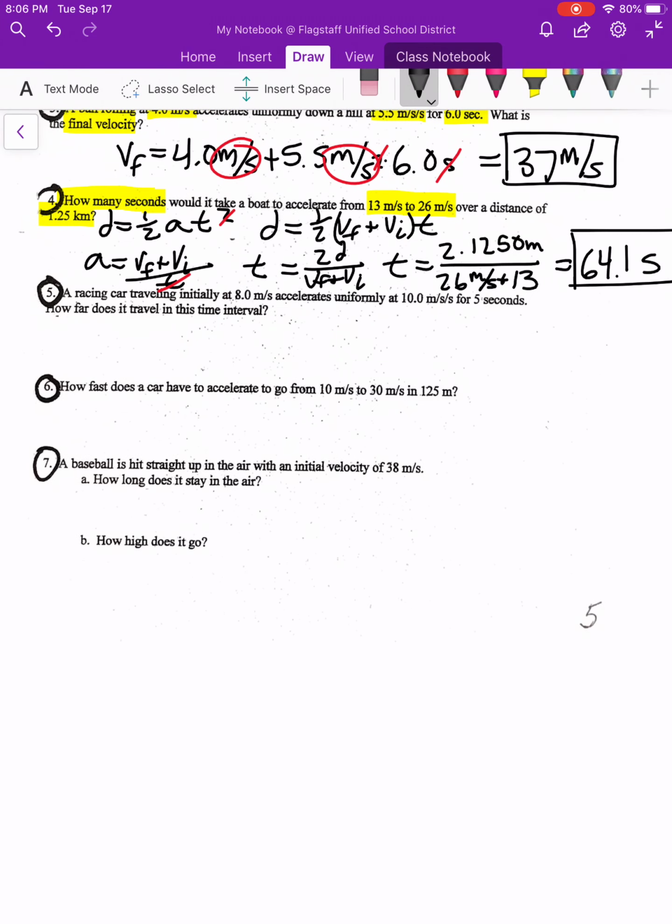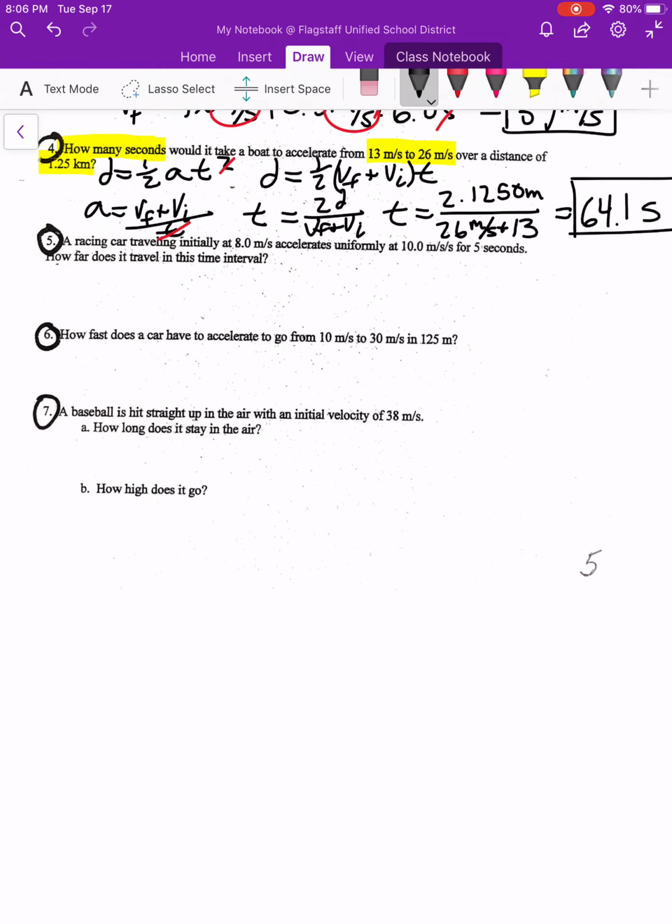Okay. Moving on to problem number 5. A racing car traveling initially at 8 meters per second, so that's our initial velocity, accelerates uniformly at 10 meters per second squared for 5 seconds. How far does it travel in this time? Okay, so we're looking at distance.